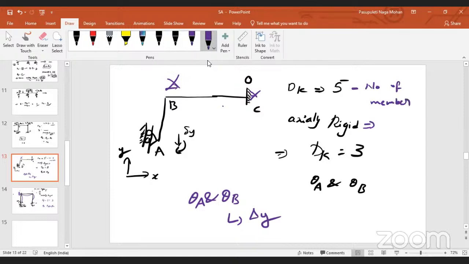Initially we counted 5. How many members are existing? 2. So 5 minus 2 is 3. My point is that instead of blindly following this, you should also understand what those are. Sir, I am not getting delta Y. Could you please explain once again? Yeah.